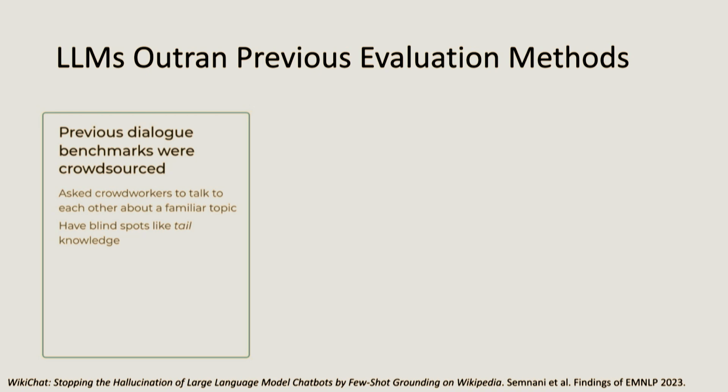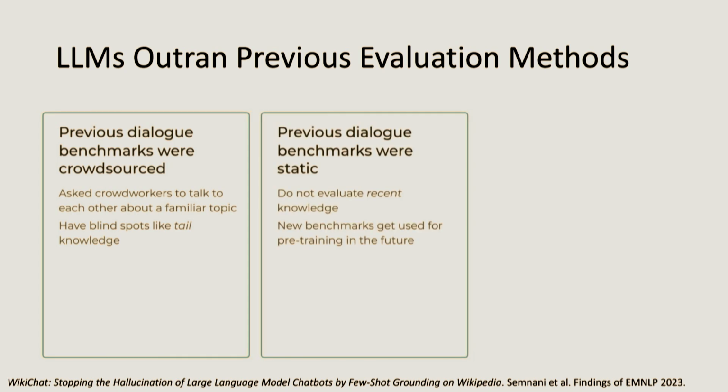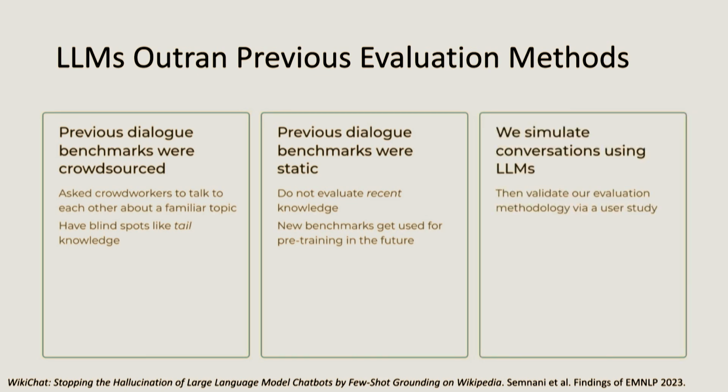A property of these benchmarks is that people are asked to talk to the chatbot, and people usually choose to ask about what is familiar to them, which means a lot of these benchmarks don't include tail knowledge or lesser-known knowledge or technical knowledge. And the other thing is that static benchmarks that have been collected as part of research are missing the recent information. So we never test models on recent information.